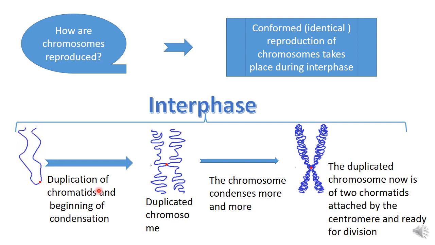Duplication of chromatids occurs and condensation starts. Thus, we obtain a duplicated chromosome that condenses more and more. The duplicated chromosome now, as you see here, is made of two chromatids that are attached together by the centromere, and now this duplicated chromosome is ready for division.